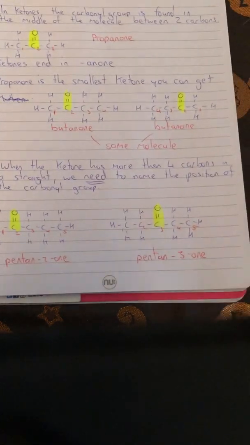Now, obviously it gets a wee bit harder with branches, but if you can name branches in alcohols, alkanes, alkenes, you can name branches for anything. So let's turn the page, and I'm going to do some examples. Let's just name these two molecules.